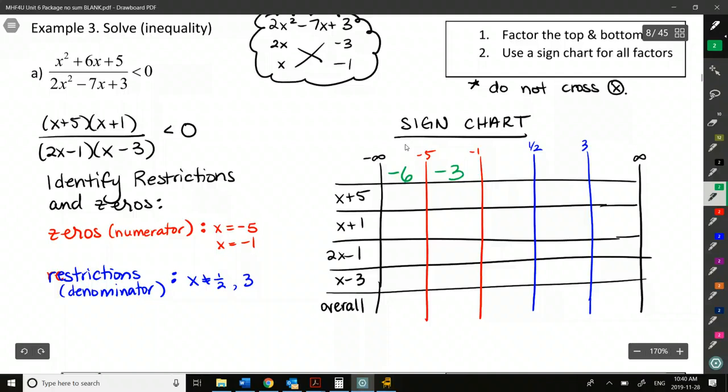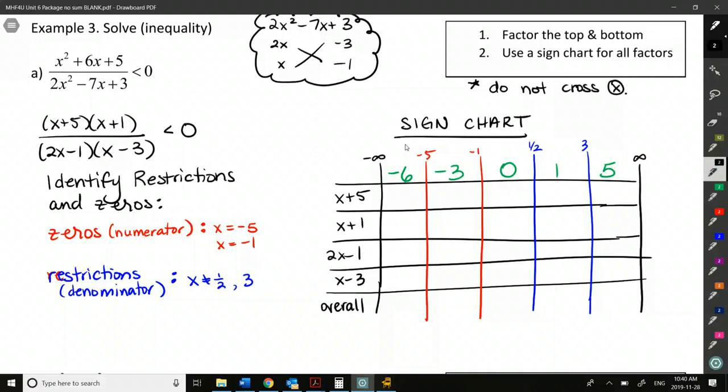I want a number between -1 and positive half. 0. 0, good job, you guys remembered. Something between half and 3? 1, sure. 3 to infinity? Infinity? No, I can't do that because that's a concept, it's not a number. Still not a number.